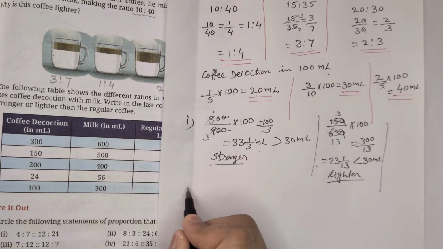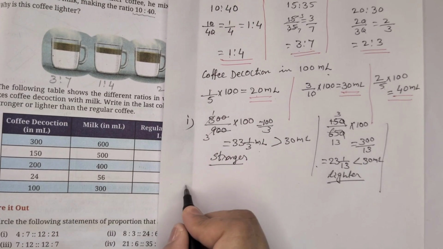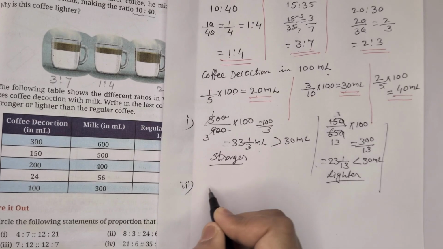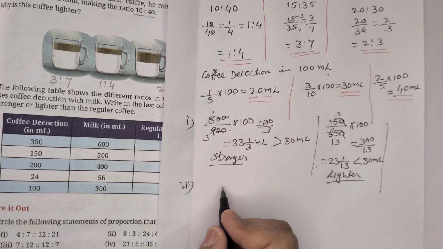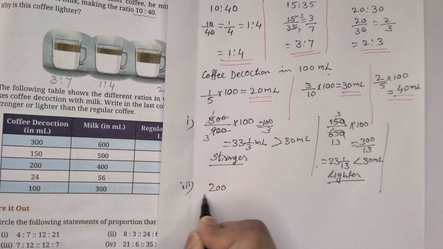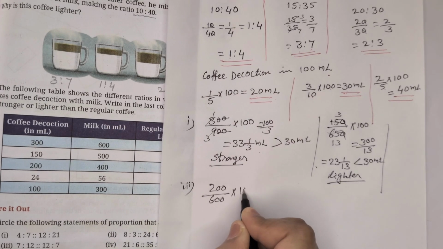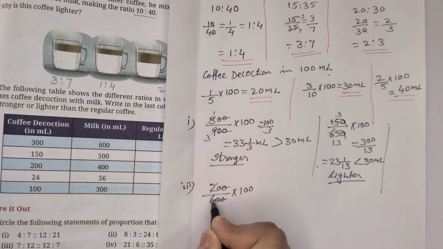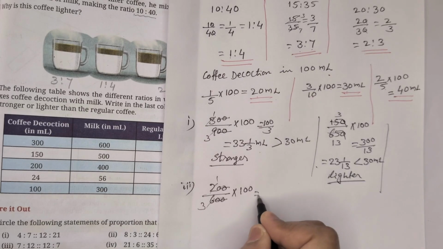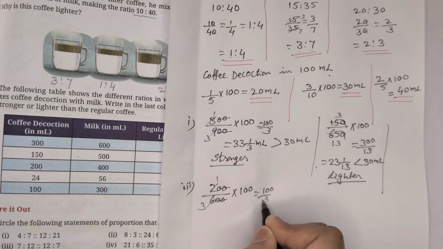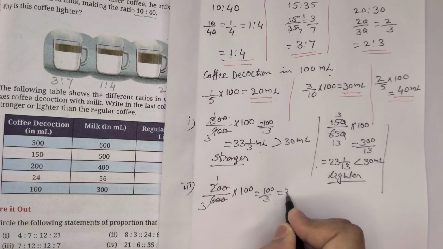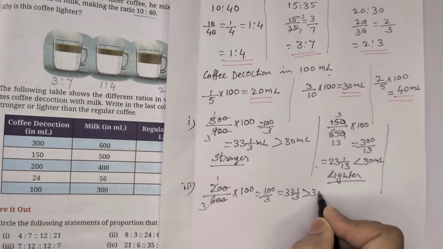Third one. Third is 200. 200 by total is coming 600. That into 100. So 100 by 3. That is again 33 and 1 by 3, which is greater than 30.